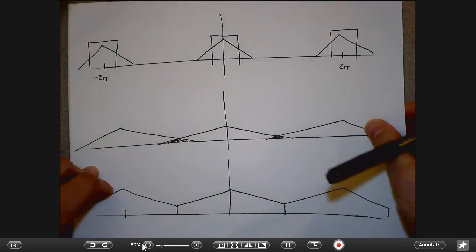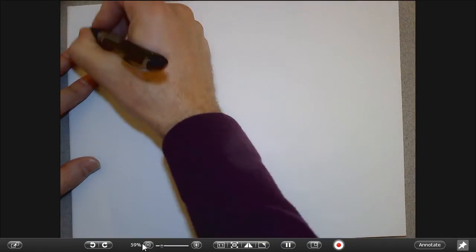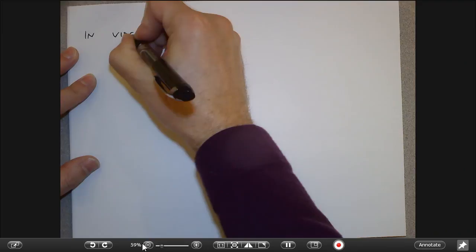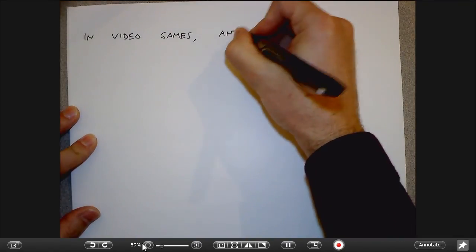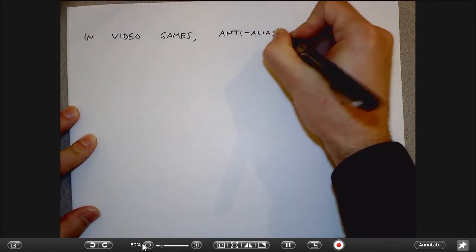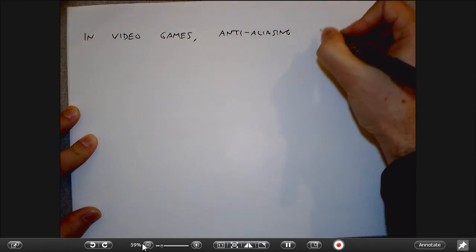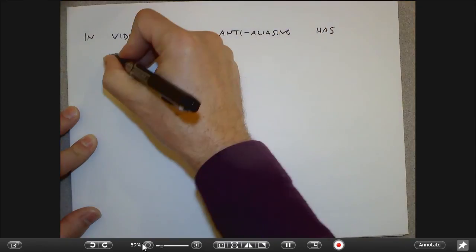And let me just also mention, so what is anti-aliasing in video games, right? There are lots of kinds of anti-aliasing, and of course there are lots of people who will tell you why different kinds of things are better. But anti-aliasing has many flavors.